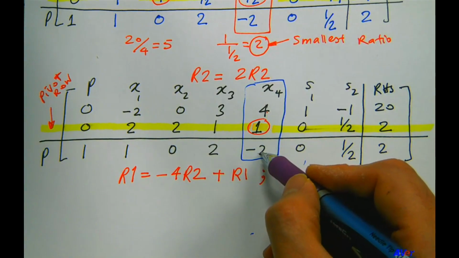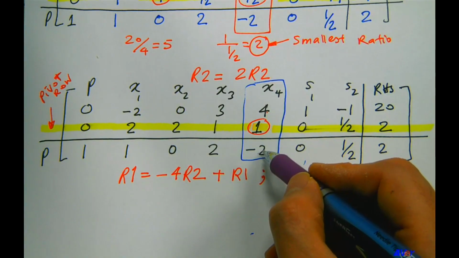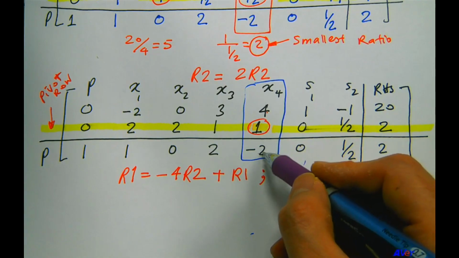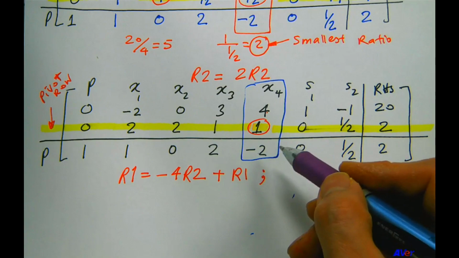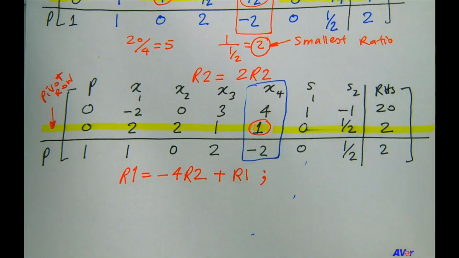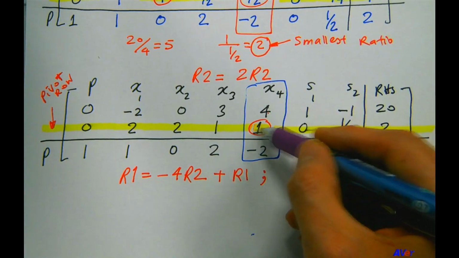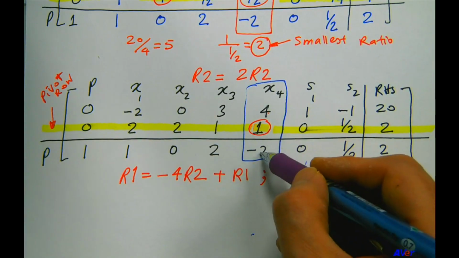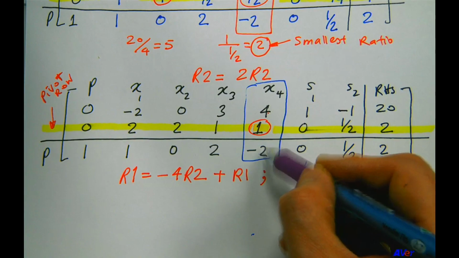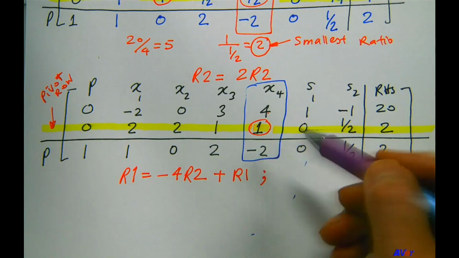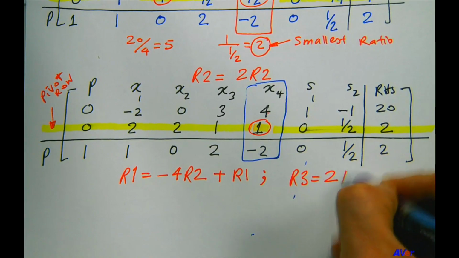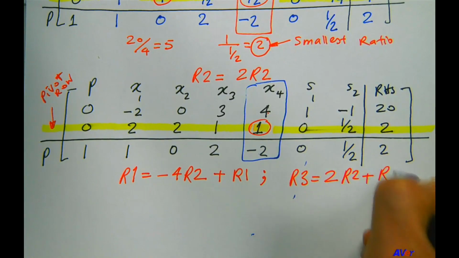Well, how is that going to happen? Well, all we need is add a positive 2 to this negative 2. So where's the positive 2 going to come from? It's going to come from multiplying the pivot row by 2 and adding it to the row we're changing, which is row 3. So row 3 is equal to twice row 2 plus row 3.